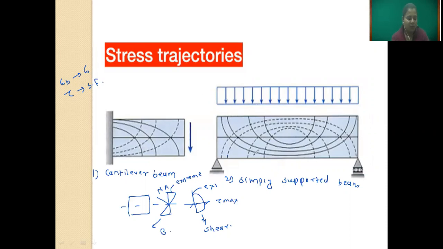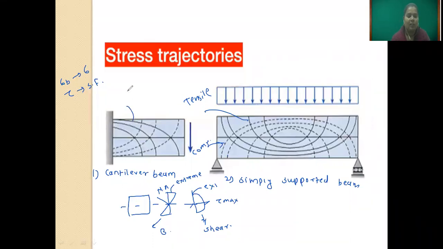So from this figure, the solid line indicates tensile stresses and the dotted line indicates compressive stresses. Once again I repeat, you observe here in both figures there are two lines.